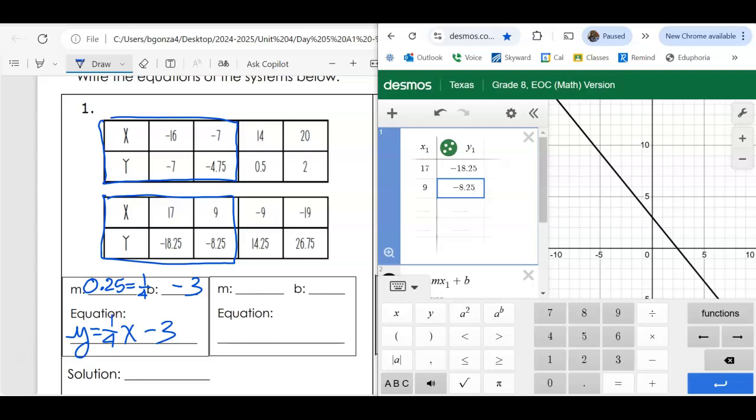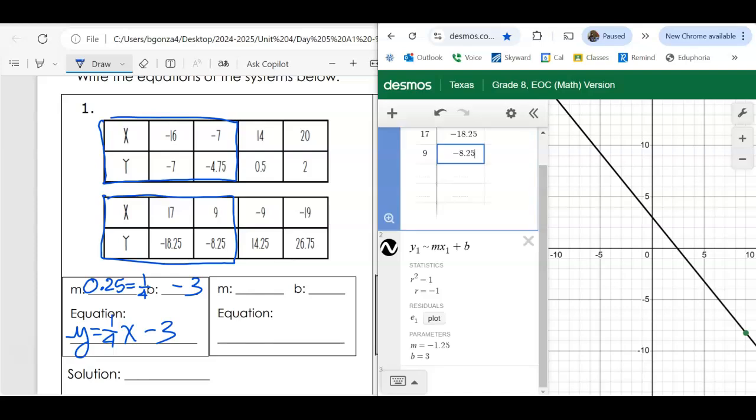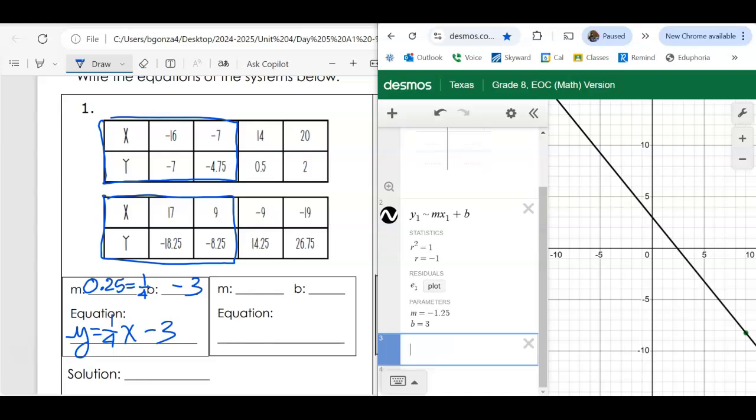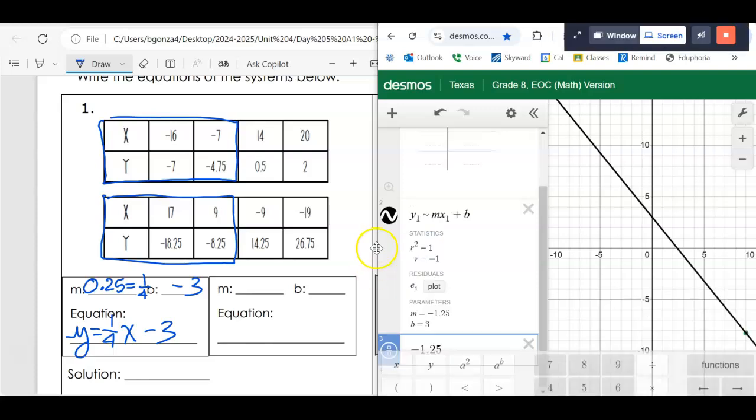All right, so I do that, and I look at my y1 squiggle mx1 plus b, and it has an m of negative 1.25 and a b of 3. I can type negative 1.25 and click this fraction circle to turn it into a fraction, right?